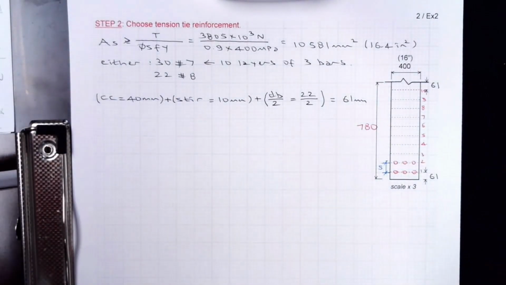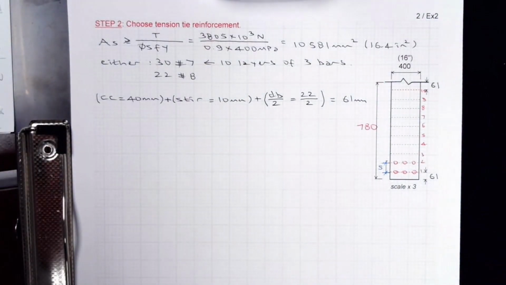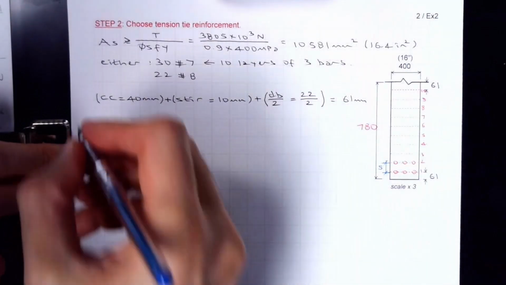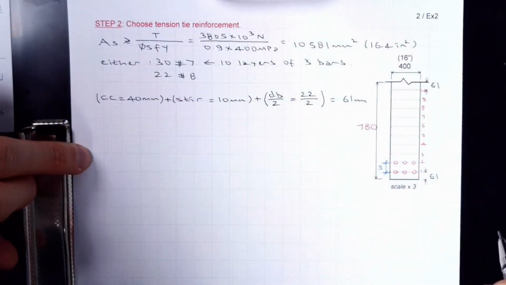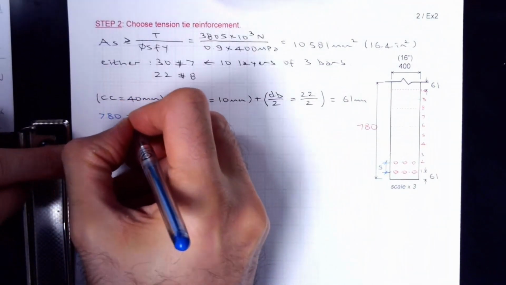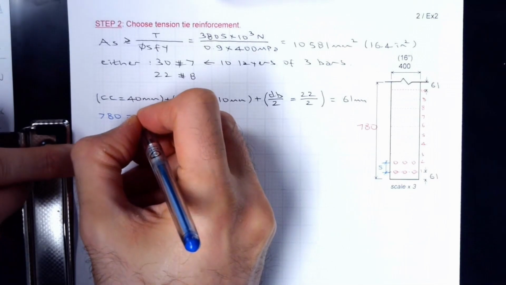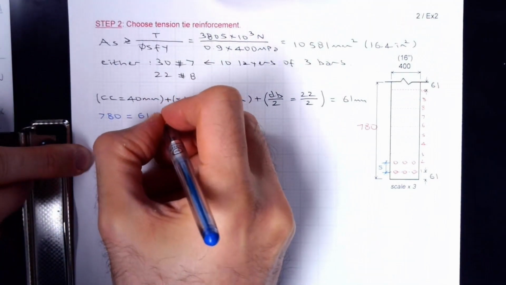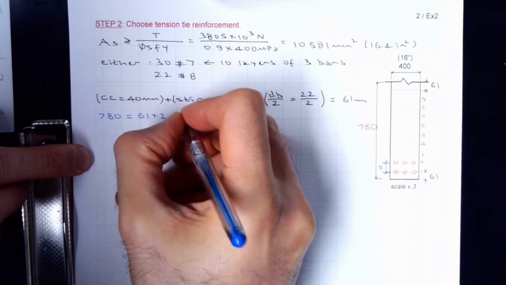So this is what I want for this one. So the entire distance is 780, and I have 61 times 2 plus 9 times spacing.